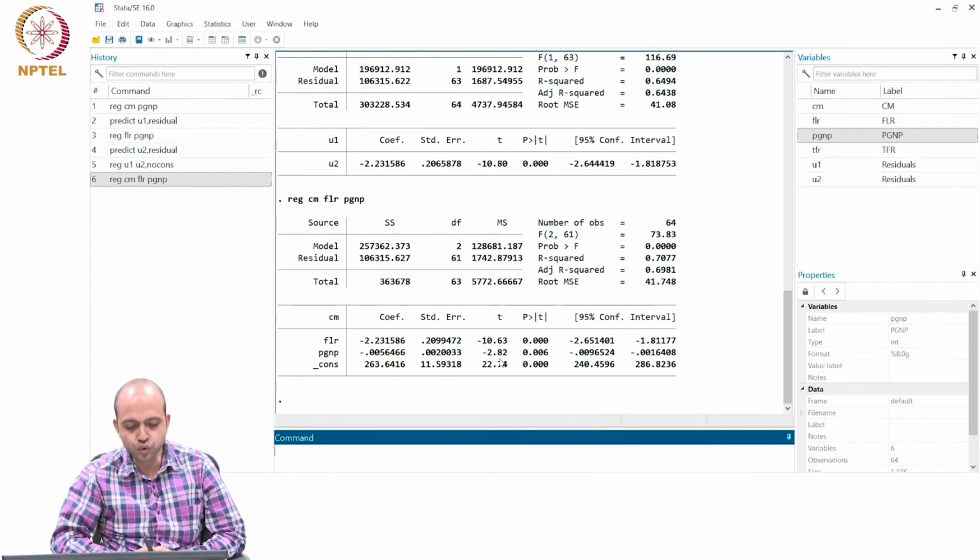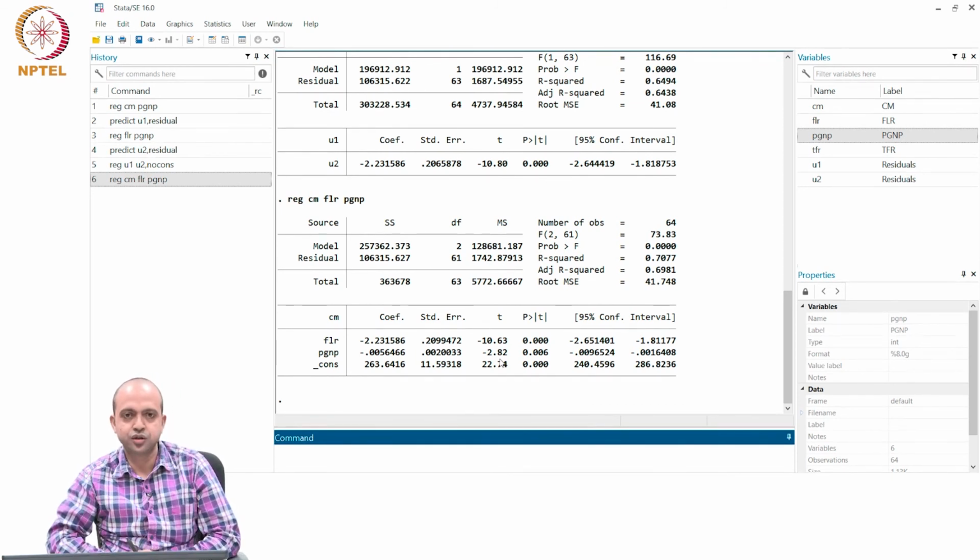So, the total sum of square is this, 3,63,678. That is called the total sum of square or TSS. TSS equals 3,63,678, that is summation yi minus y bar whole square.